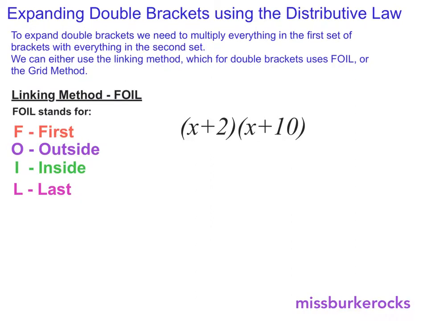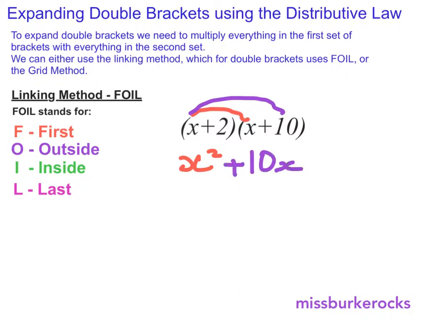So I'm going to do another example, another one with all positives. So just to demonstrate again. I'm going to do the first. x times x gives me x squared. Then the outside is x times 10, or positive 10, which gives us plus 10x.